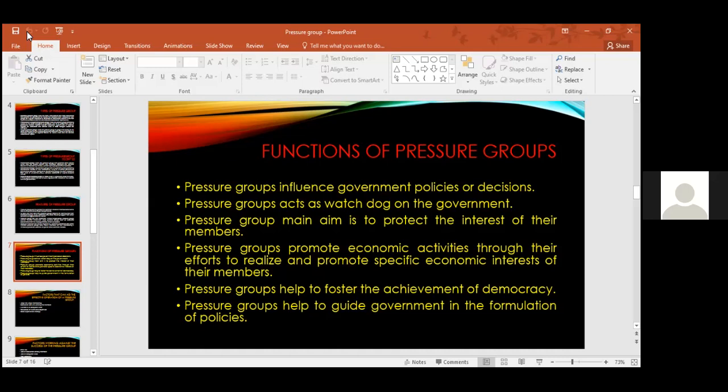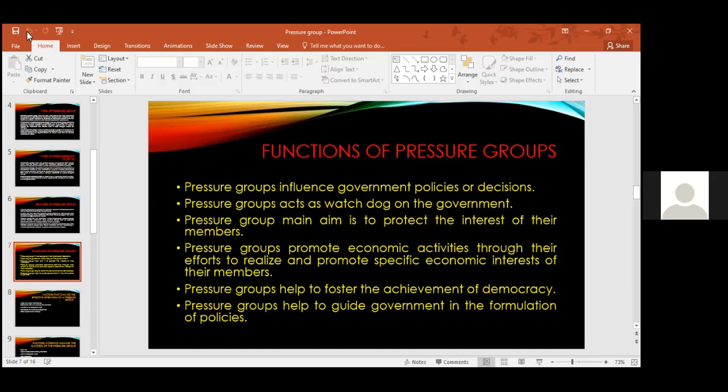And lastly, pressure group helps to guide government in the formulation of policy. Now what does that mean? If government wants to make certain decisions, let's say for example, as regards the universities, they can't do it without calling on ASU. They can't do it without calling on NASU, that's non-academic staff of universities. They might also call the NANS, the National Association of Nigerian Students.